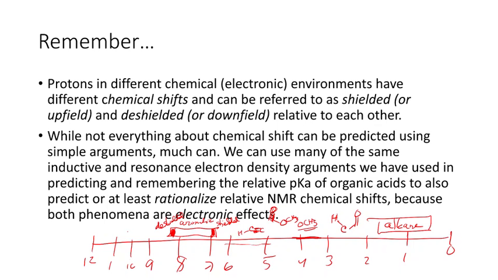Way over here at 10, we have the H that's directly on a carbonyl group, the aldehydes. And way over here at 12, we have the HO-C=O of a carboxylic acid. If you know this, you can go a long way and be able to solve these problems without looking at tables all the time.